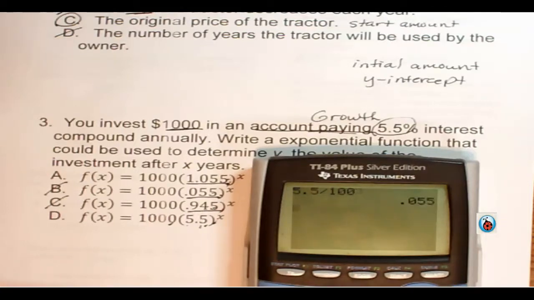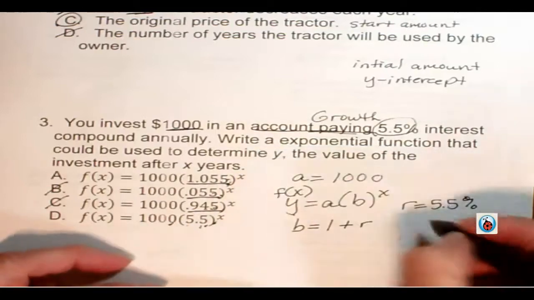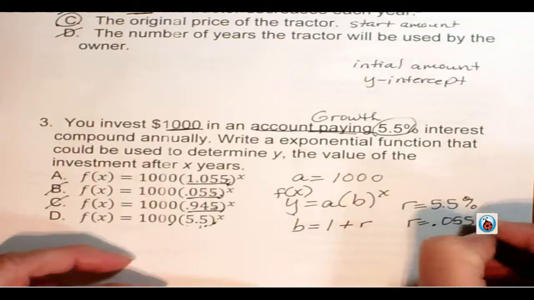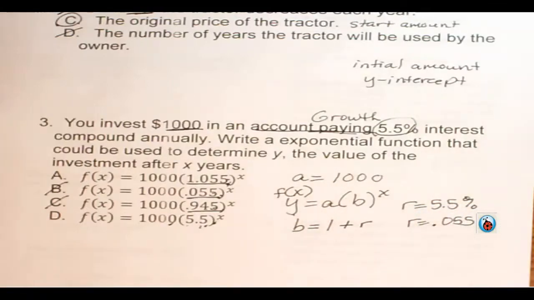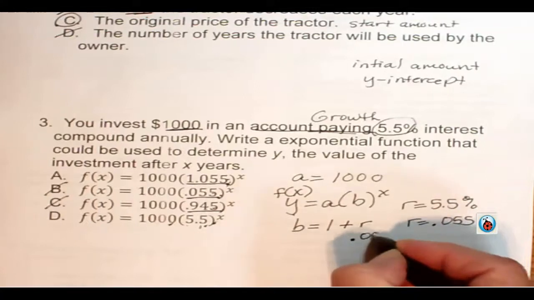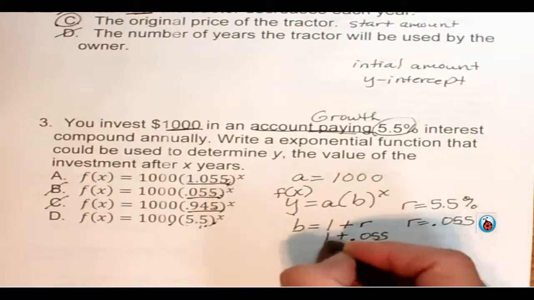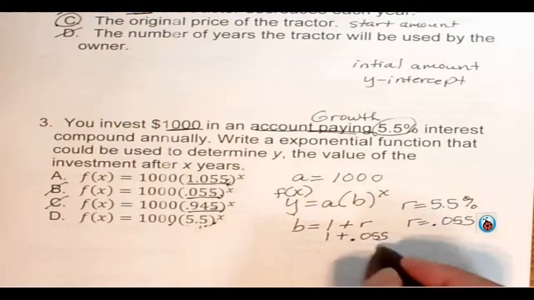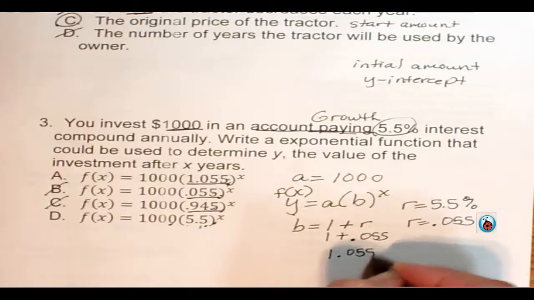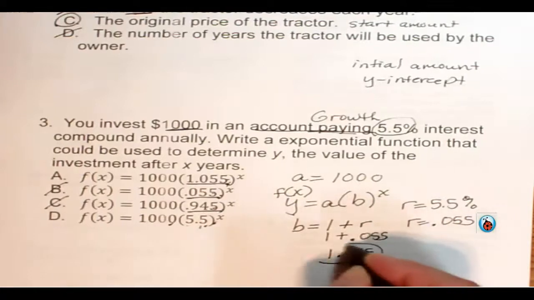Press enter, and you get 0.055. So R is actually 0.055. Okay, place that right in here for the R, 0.055. We're going to add 1 to it. 1 plus that is actually 1.055. So that goes in the parentheses.